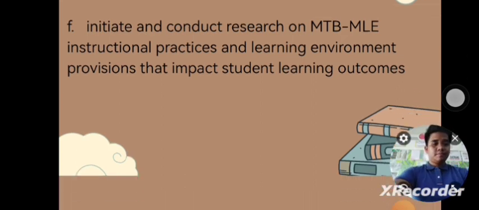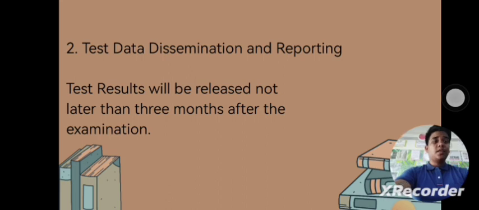Then in test data dissemination and reporting, test results will be released not later than 3 months after the examination.